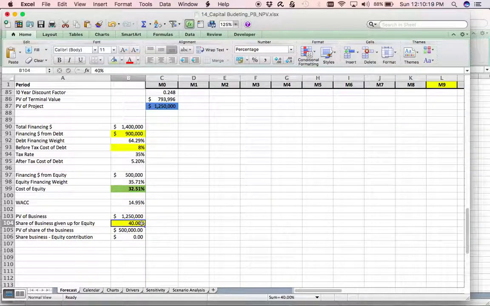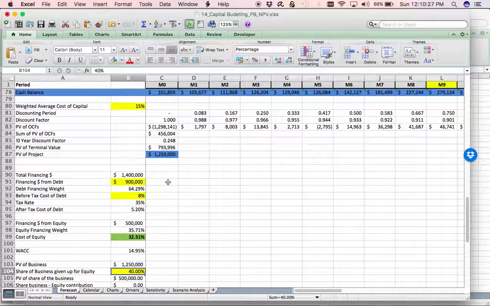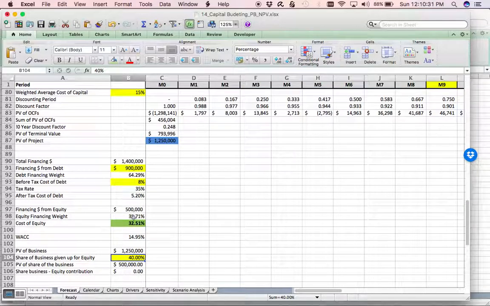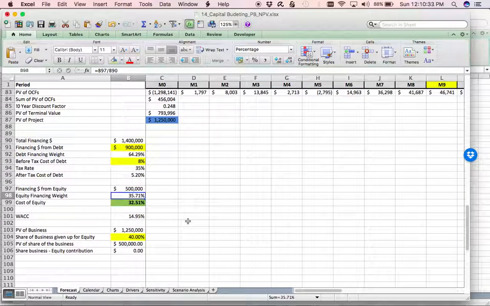My equity investment required 40% stake in the business, which yielded an implied cost of equity of 35.71%. So I got 8% debt, but 32% equity.